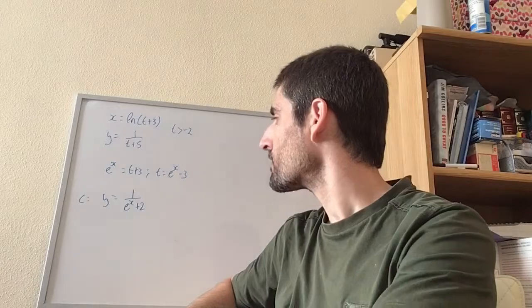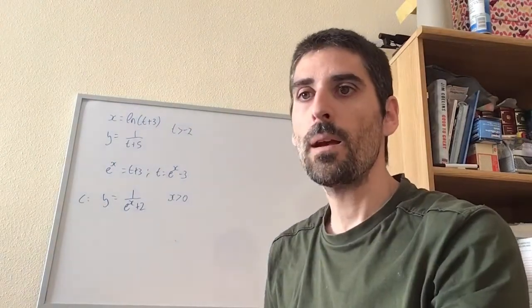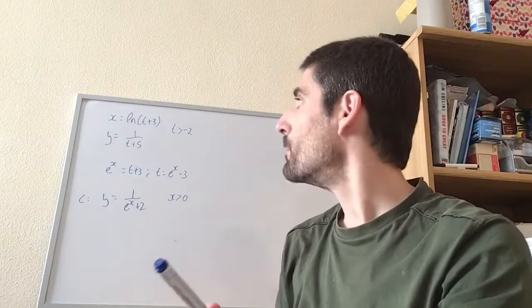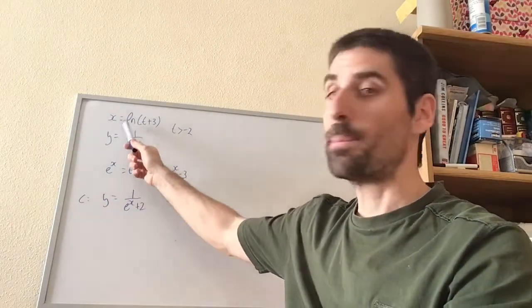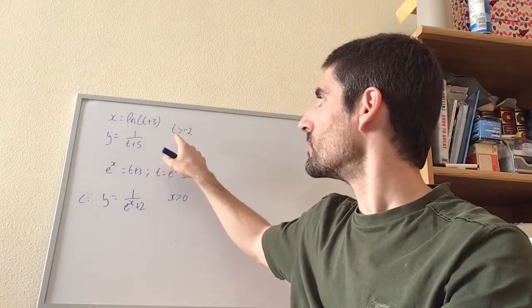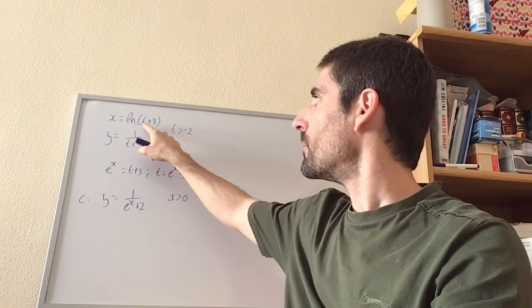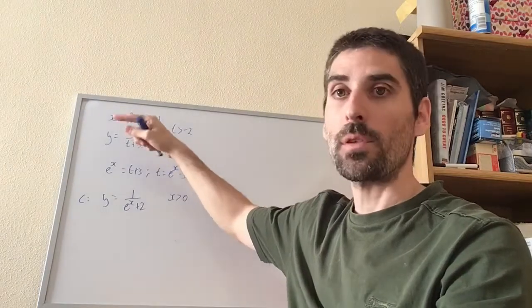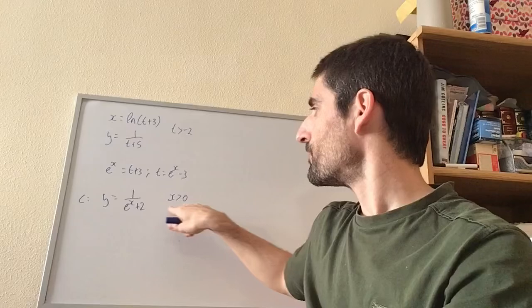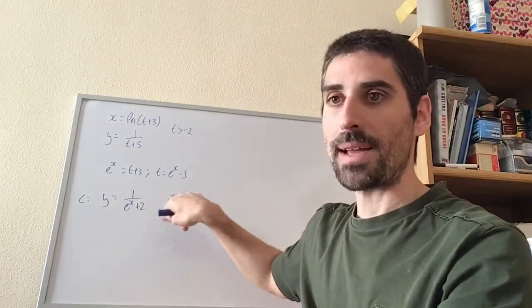End of story. And x has to be greater than 0 because from the parametric equation the lowest value of x is going to be the log of 1, and we know the log of 1 is 0, or we should remember that. So that's why our domain is x greater than 0.